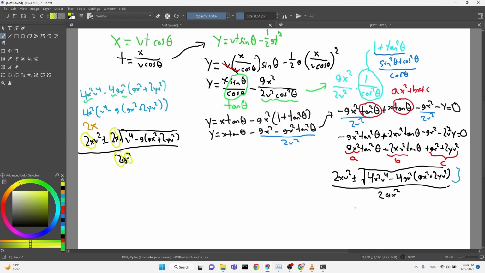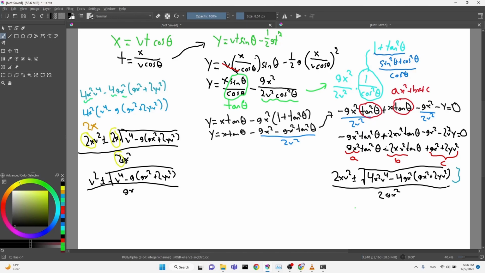So now we can simplify this, and we're left with v squared plus or minus the square root of v to the 4th minus gx squared plus 2yv squared, and all of that over just gx now.